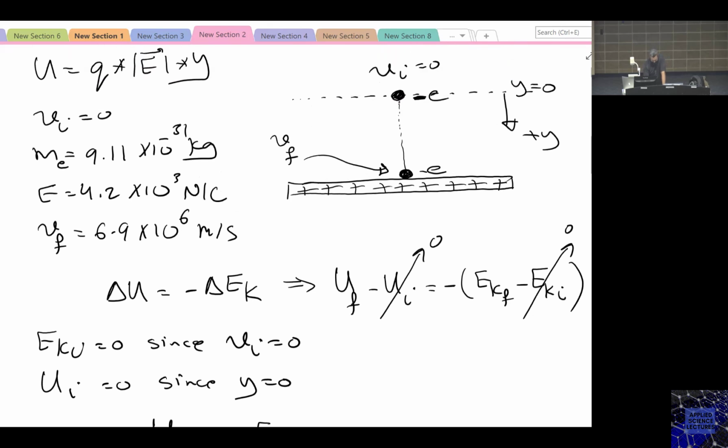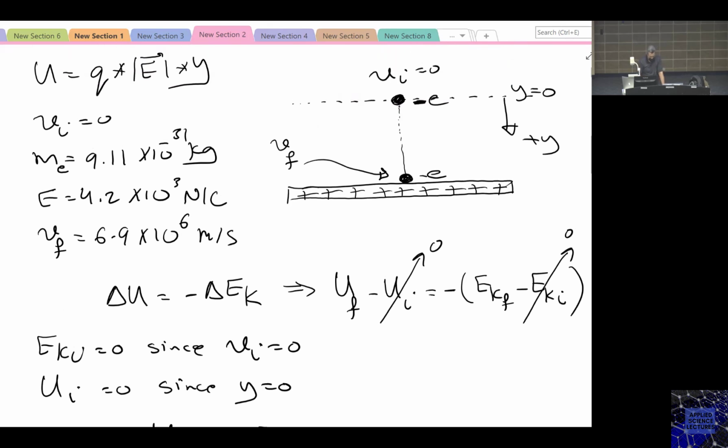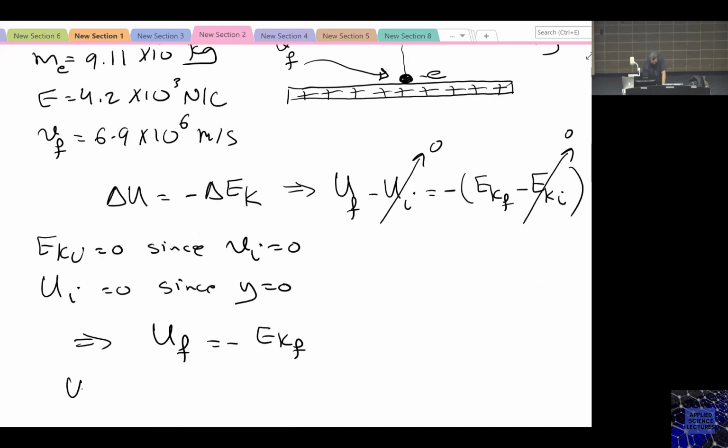So what is UF? Let's go back to UF. Q electron, which is minus 1.602 × 10^-19. E positive because it's a magnitude. y also positive because I'm pointing in the positive direction. So what do I get here? I get UF equals minus 1.602 × 10^-19 times 4.2 × 10^3 times y, and this is joules.